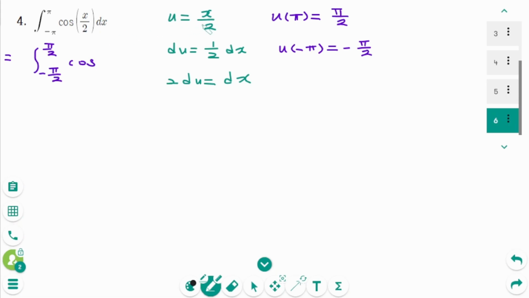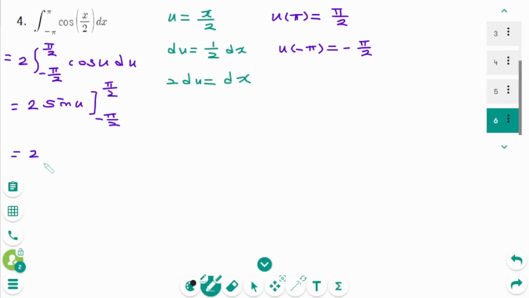Cosine x over 2 means cosine u. Then dx equals 2 du, which equals 2 times the antiderivative of cosine, which is sine, from minus pi over 2 to pi over 2.